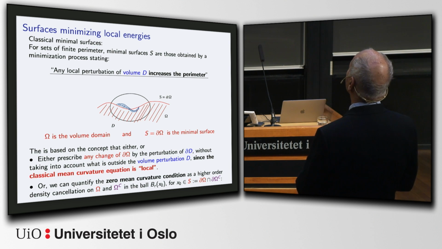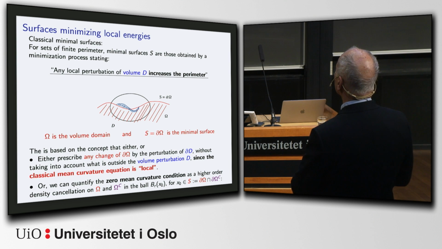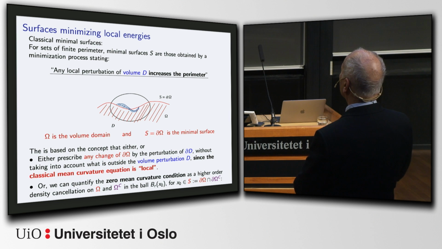So for sets of finite perimeter, right, minimal surfaces are those obtained by a minimization process, stating that any local perturbation of volume D increases the perimeter. So this is volume D, and suppose that this will be horizontal, right?